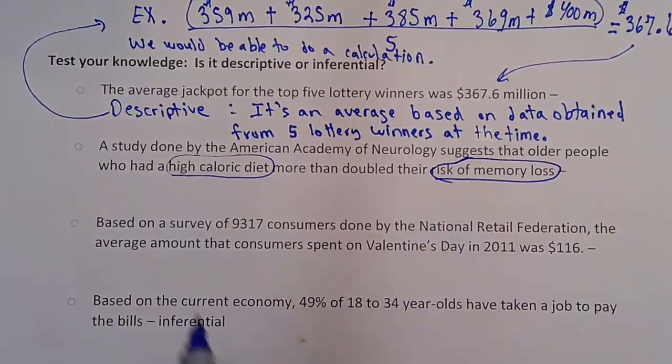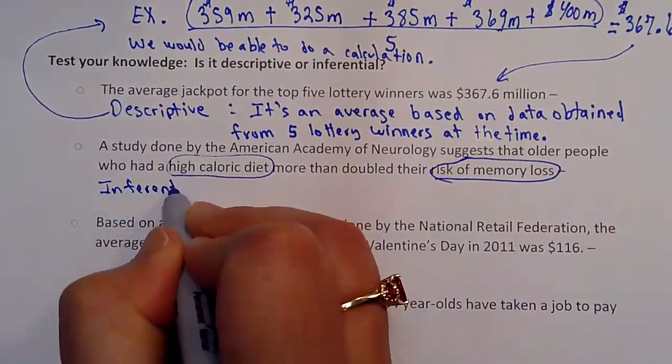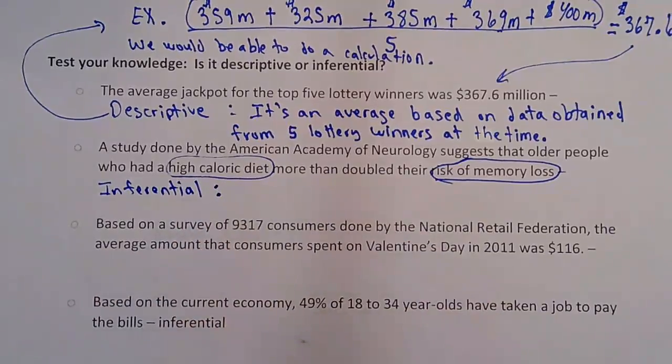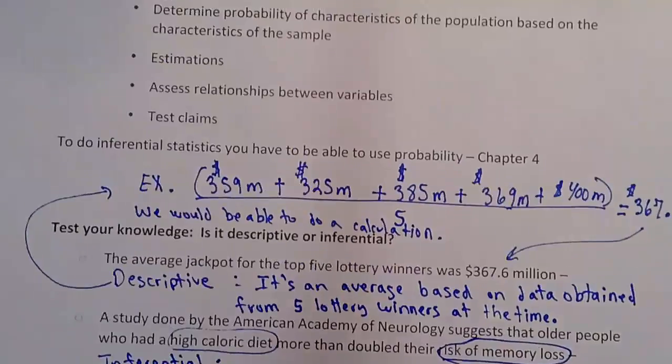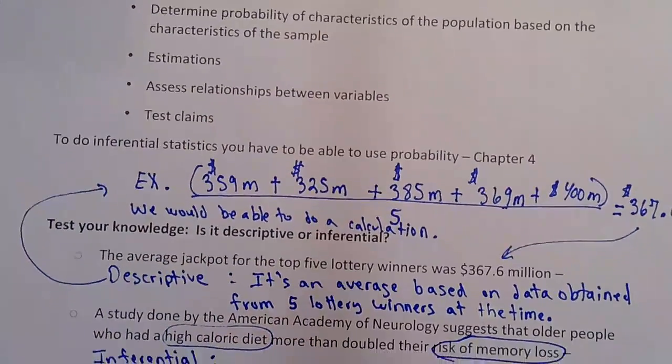So this is an example of inferential. And it's leaning more towards inferential, I have the sheet over here, because we're creating these relationships between the variables, okay?